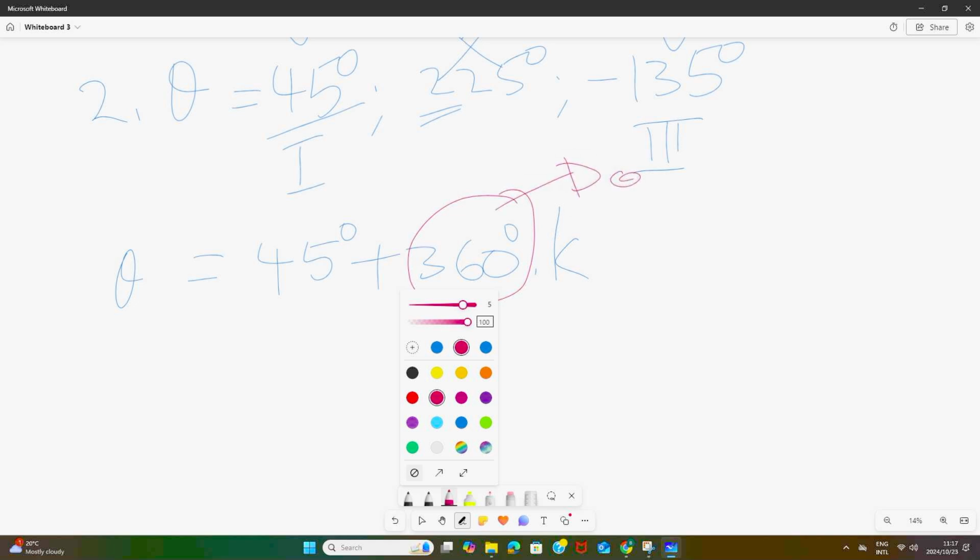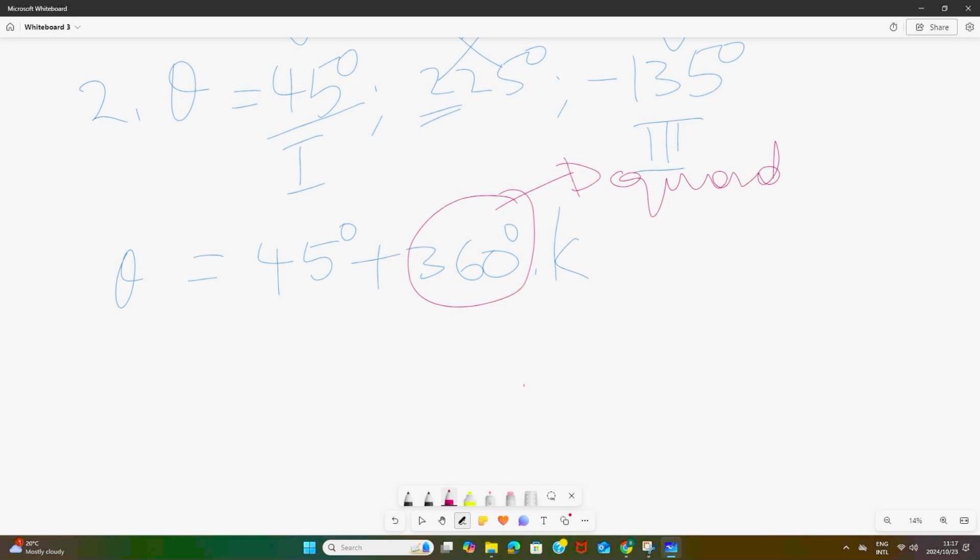Then all quadrants must be shown and must be represented. Let us test this by taking one solution on the first quadrant, 45 degrees plus 360k, and check whether we are going to be able to get that 45 degrees and negative 135 degrees from this solution only.